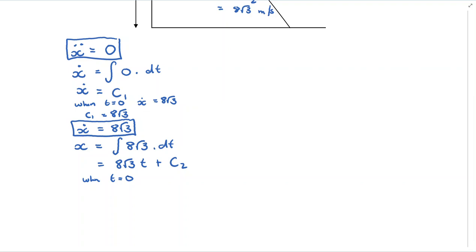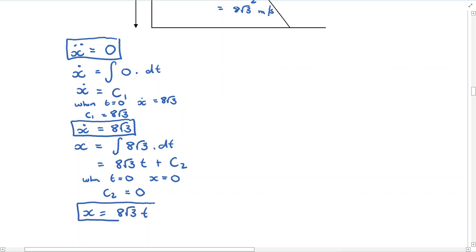How far have I been displaced in my x direction? 0, correct. Haven't moved at all. So when time equals 0, x equals 0, so what is c2 equal to? Correct. If x equals 0 when time equals 0, then c2 is equal to 0. So my equation for x is 8 root 3t. That's my third equation, and I'm done with the x direction.